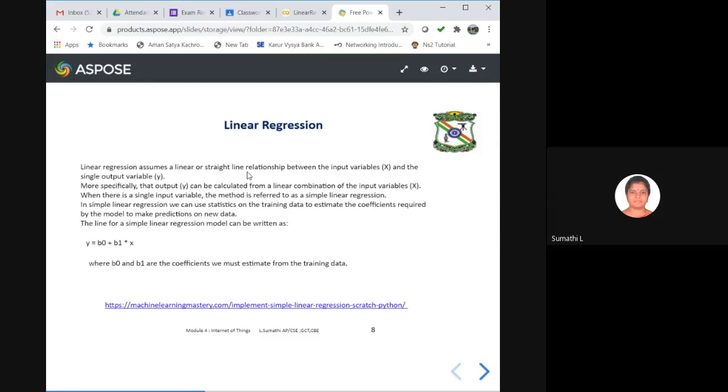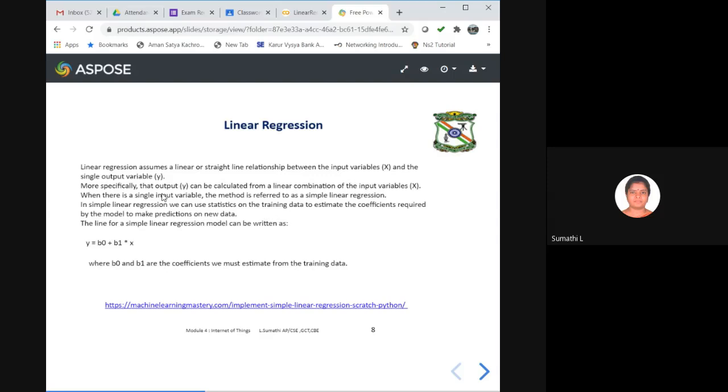You draw a straight line relationship between your input variables and your output variable. I'm going to take a single output variable, and for examples in further discussion also, I will take single input and single output variable. So you want to find a suitable straight line between your input and output variable.